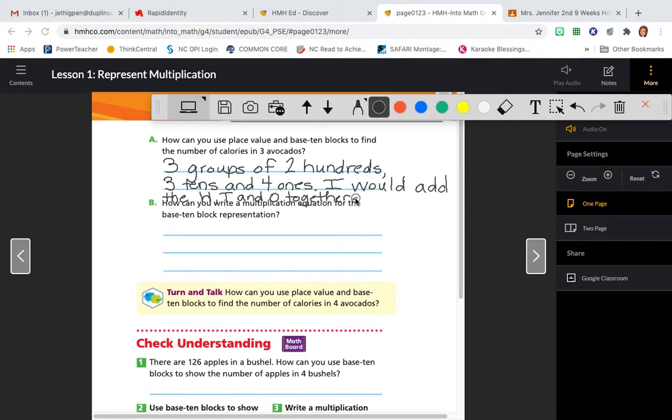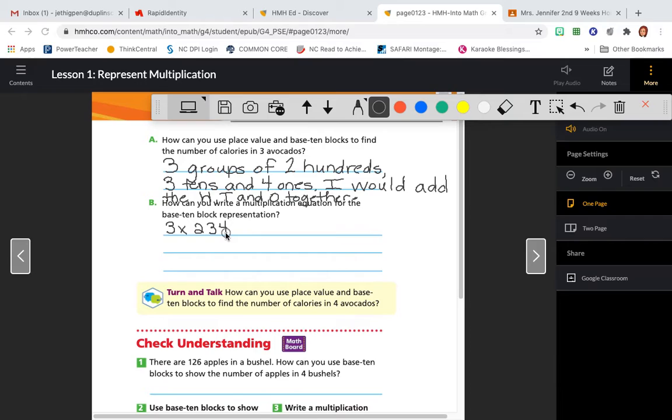All right, look at B. How can you write a multiplication equation for the base 10 block representation? So how would we write a multiplication equation for the base 10 block pictures that we drew? Well, we knew that our equation was 3 times 234. So we want to break it up.